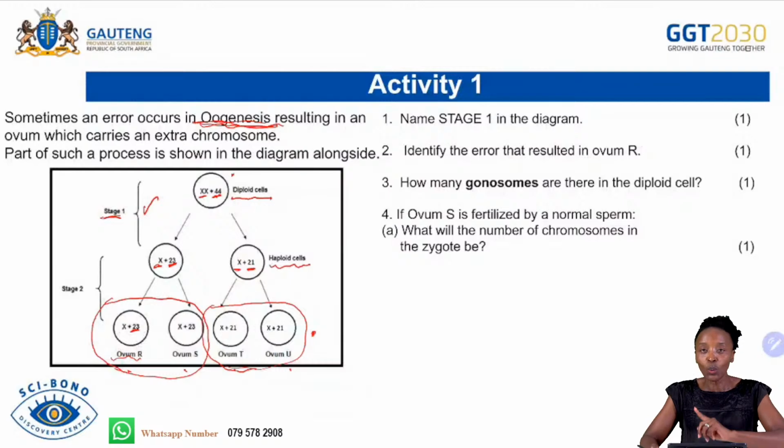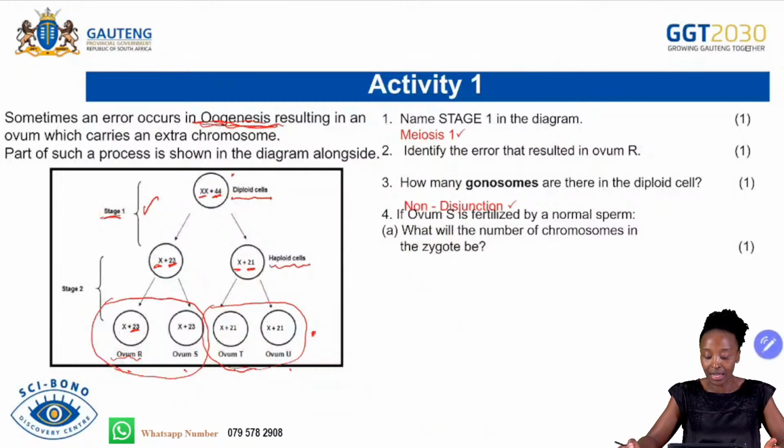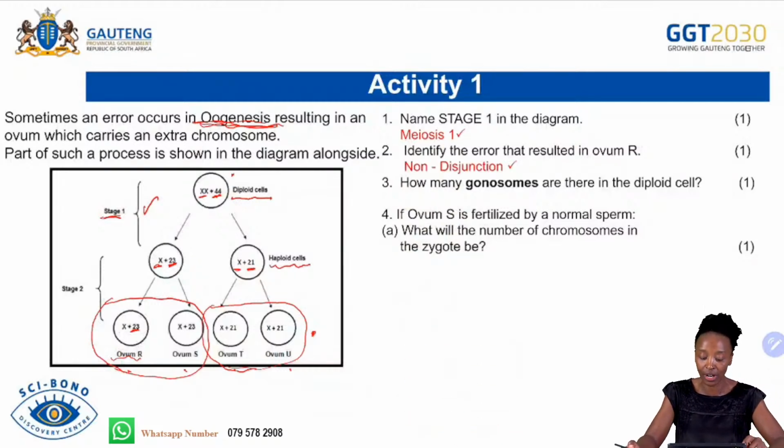So note, we are not saying the error is Down syndrome, but we are saying the error is non-disjunction. And it is that failure to separate that leads to Down syndrome, only in human beings. So we must be very careful when we answer this question. So the first answer was meiosis 1, then the second answer is non-disjunction.